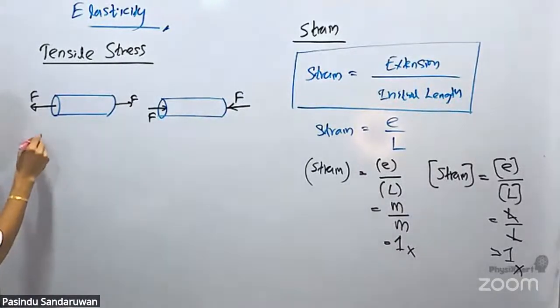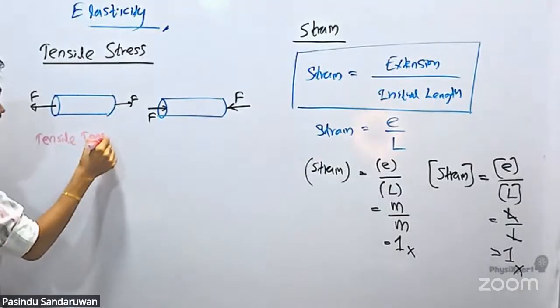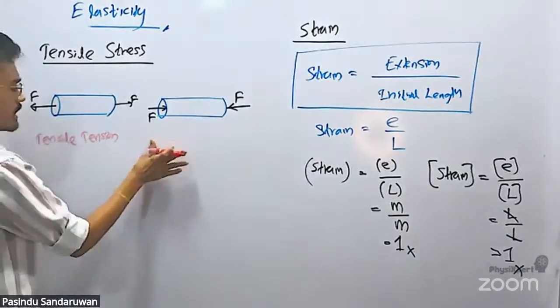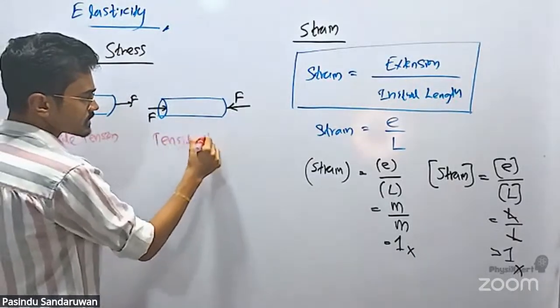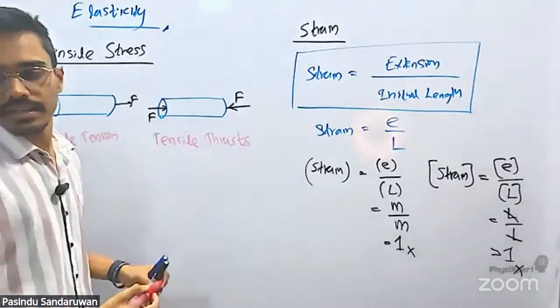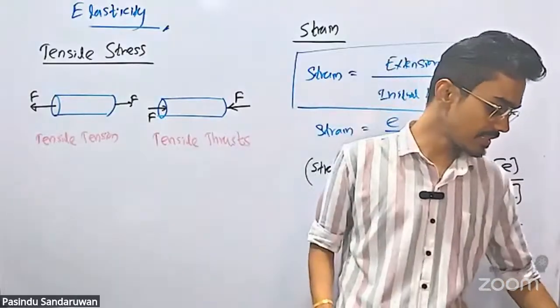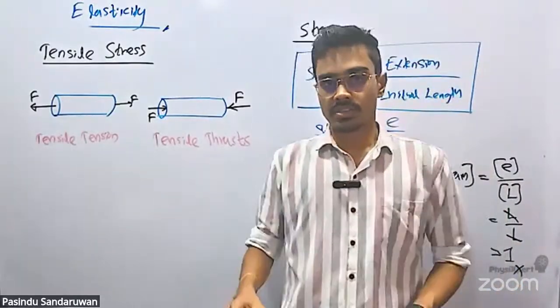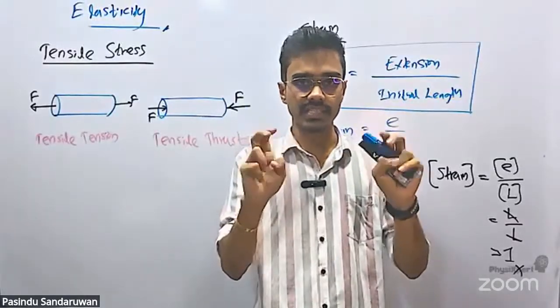So this is called tensile tension, and this is called tensile thrust. Tensile tensions and tensile thrusts. Either way, the keyword is parallel to length.